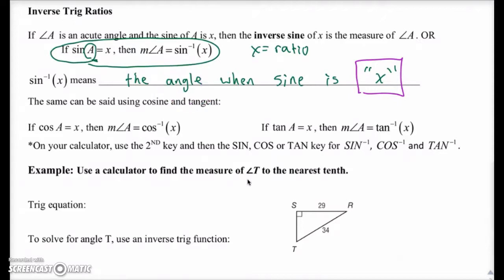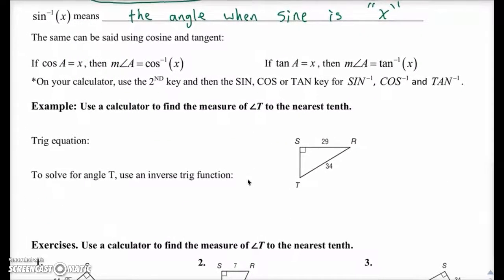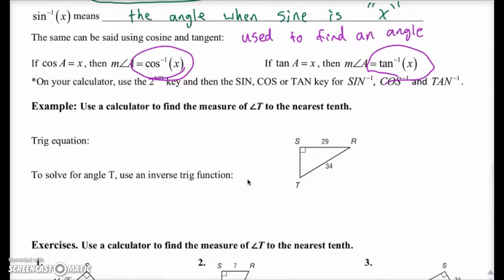So any inverse trig ratio is used to find the angle. Looking over here, we also have inverse of cosine and inverse of tangent. Okay, and again, this is used to find an angle.